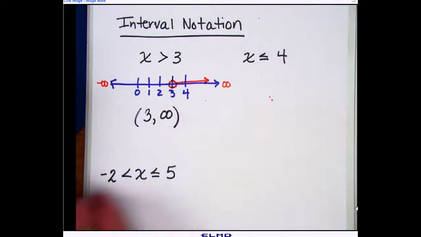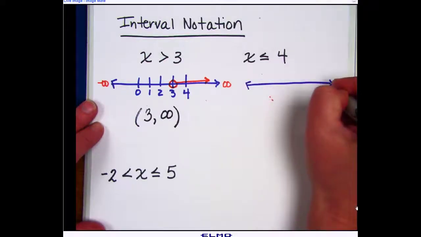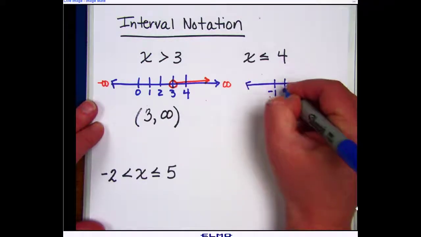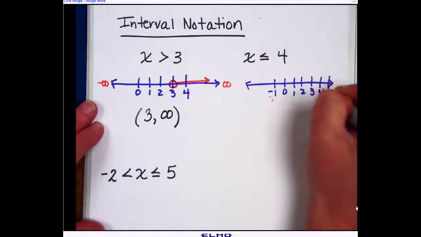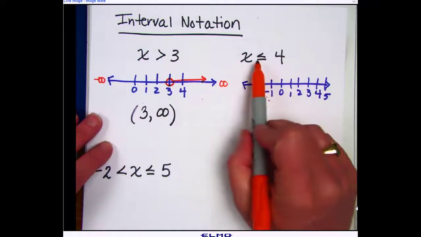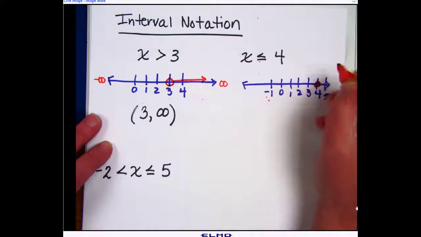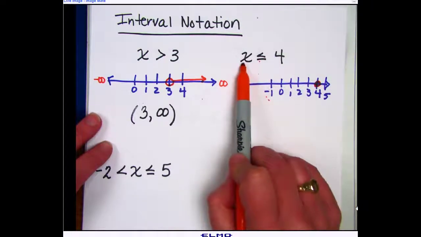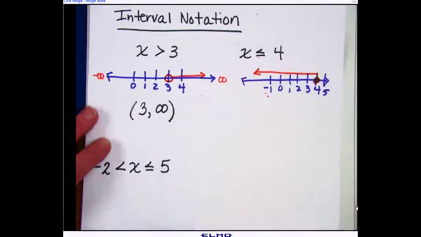Okay. X is less than or equal to 4. Again, I'm going to use my number line just so you can see it in play. All right, this has an equal sign, so I'm going to put a solid dot on the 4. And now it says X is less than or equal, so it's going to be all values going this way.